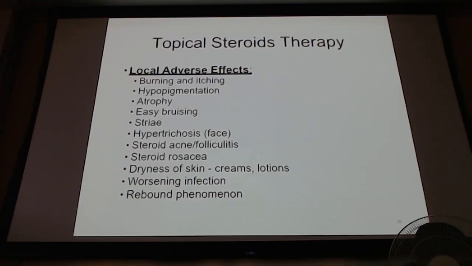Atrophy, so it's almost like scarring, like it's thinning out that area. Striae, you can see those marks on areas that we will see here. Hypertrichosis, folliculitis, steroid rosacea, so that's that malar rash on the upper cheeks. Dryness, worsening infection, rebound phenomenon, and so on. We're going to say phenomenon a lot.